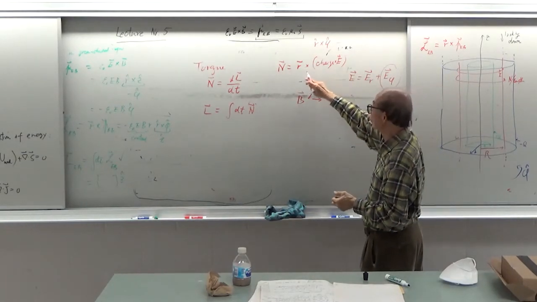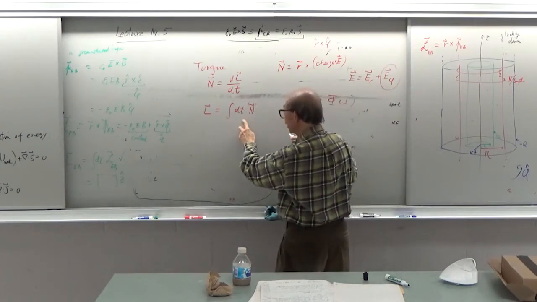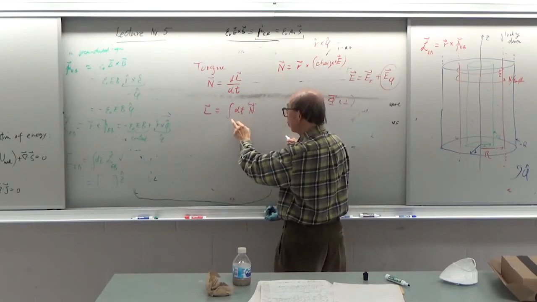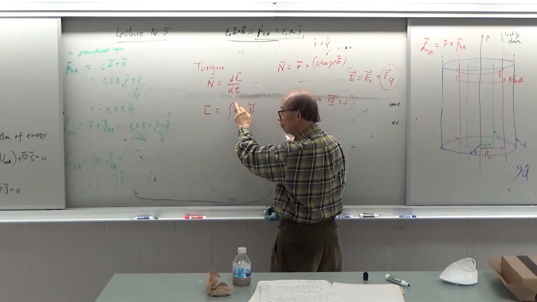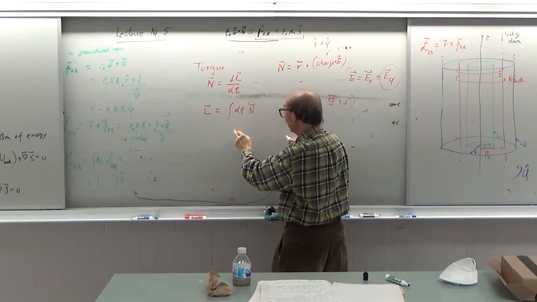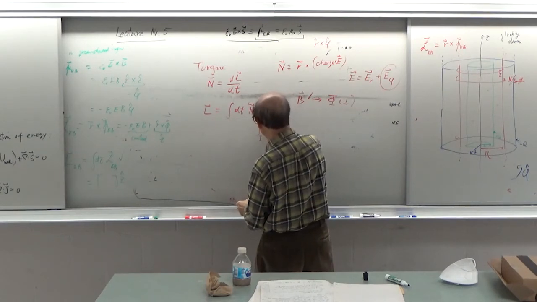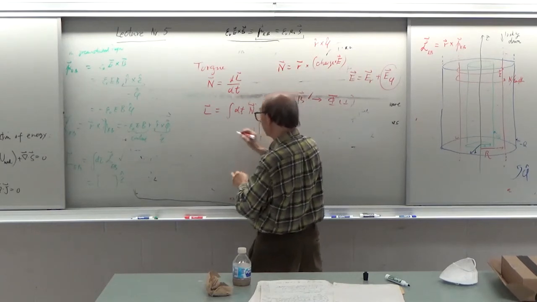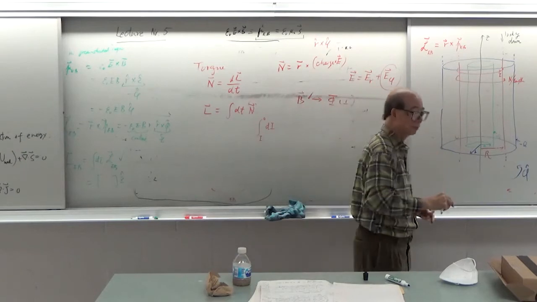And once you have the torque expression, you can integrate over time, from the time when the current was on to the time when the current is switched off, or from when the current is I to when the current is zero. Do the calculations for both cylinders.